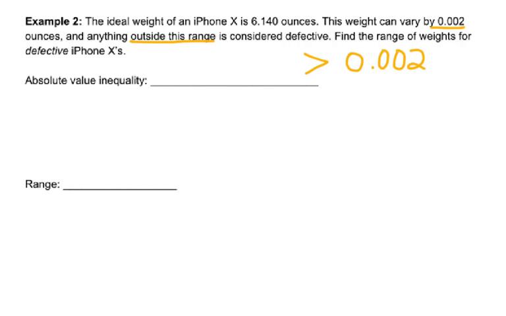So then again, over here on the left, I want to have my variable. In this case, what we're not sure about is what the actual weight of a particular iPhone is. And we need the difference between that and what it's supposed to weigh to be bound in a certain range.